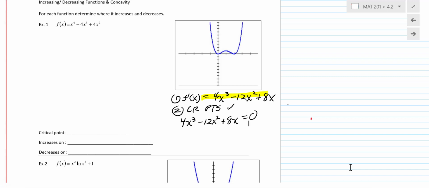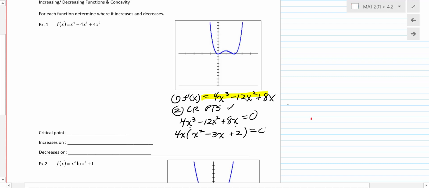Now, one thing I would do is it looks like you have a common factor of 4, so you can pull that out, but you also have a common factor of x, right? Go with the lowest exponent. So you're going to be heavy into factoring when you start doing these problems. That may be something you may have to review a little bit. So that's x squared minus 3x plus 2 like that. Now this thing still factors, doesn't it?